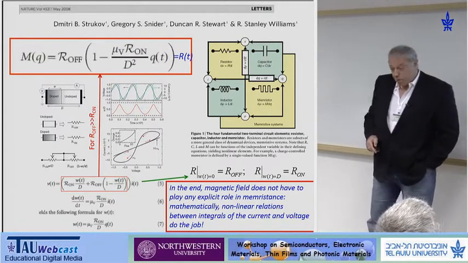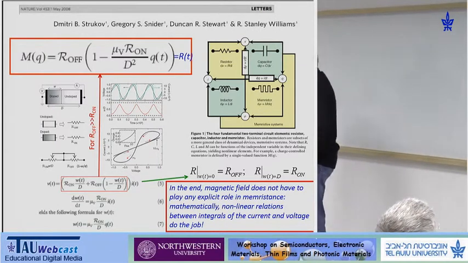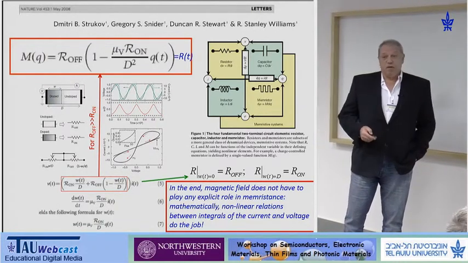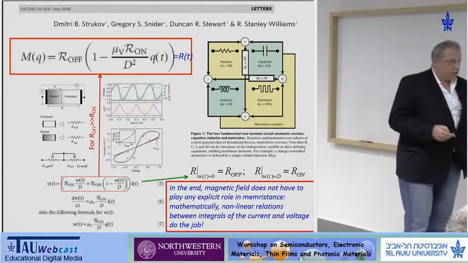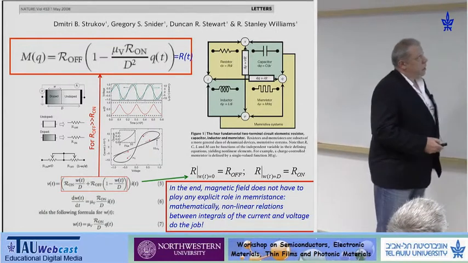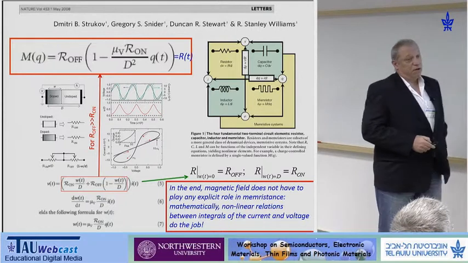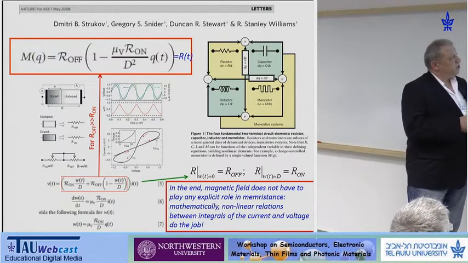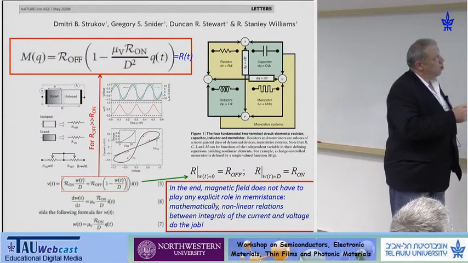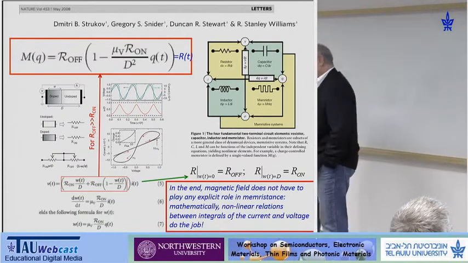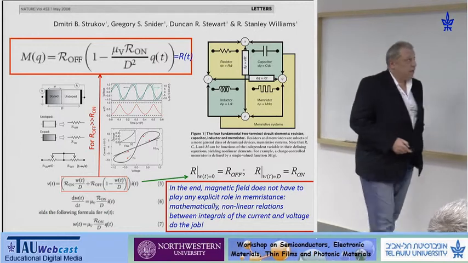So in 2008, HP Labs were the first to realize not just the theory, as Chua suggested, but the real memristor effect, by having a partially doped titanium oxide. And the explanation in this model is that we have a doped region and an undoped region. Of course, the doped region is a good conductor, and the undoped region is a bad conductor.